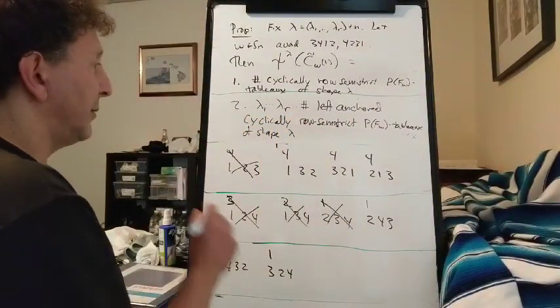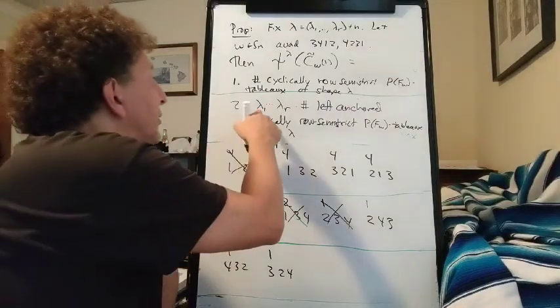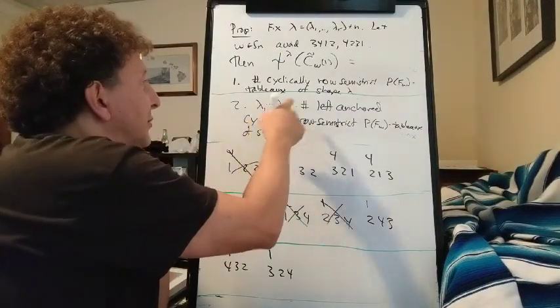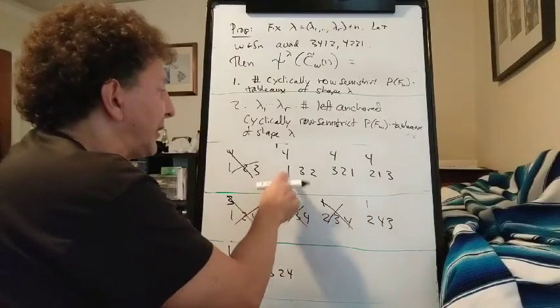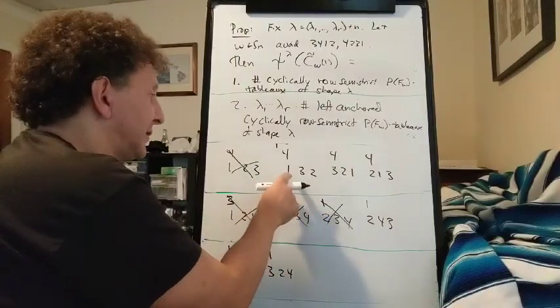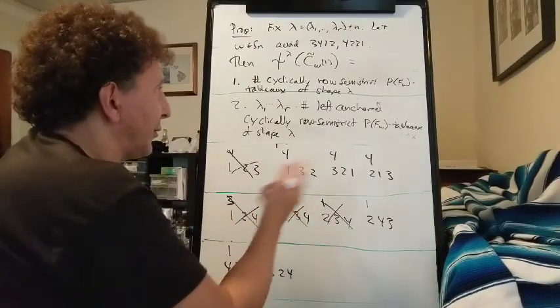And also, it equals lambda 1 through lambda r multiplied times the number of right anchored, because we could just pick that lowest element to go either all the way on the left or all the way on the right.